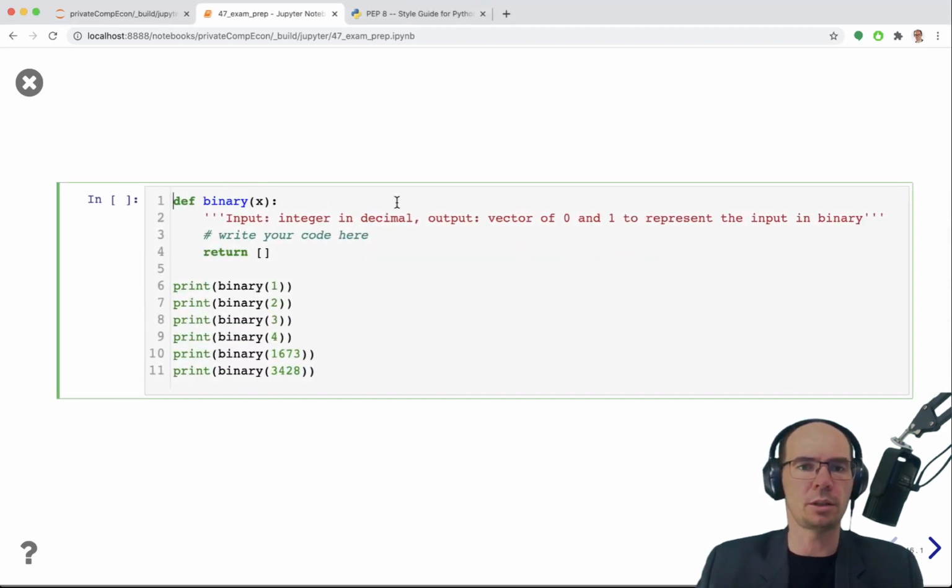So here we are. This is the cell after the task. We need to write some code here and return something. It's a good example to read what's already written in the coding section. Here it says input integer in decimal, output vector of 0 and 1 to represent the input in binary. Now, what is a vector? Maybe you want to import NumPy and output the NP array to represent the vector.